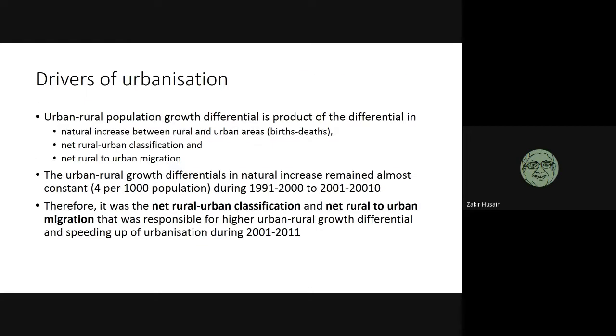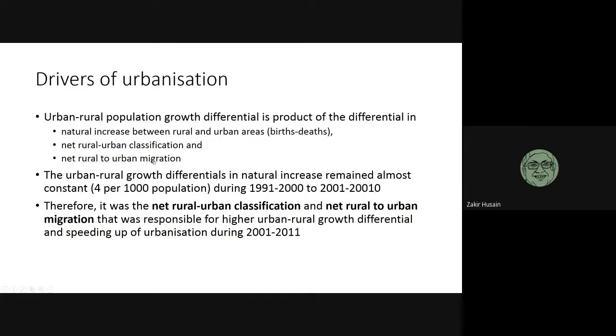Okay. Now the drivers behind this, theoretically, can be natural increase between rural and urban areas, net rural-urban reclassification, and net rural to urban migration. So the urban-rural growth difference, this first component, was more or less stable.